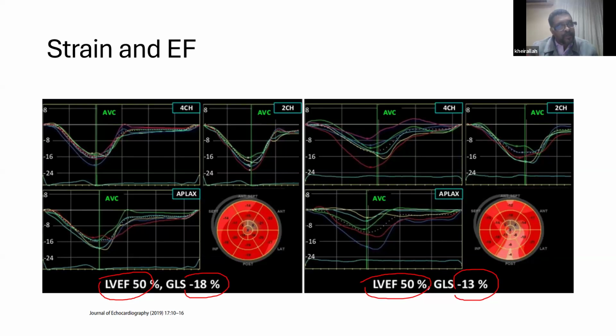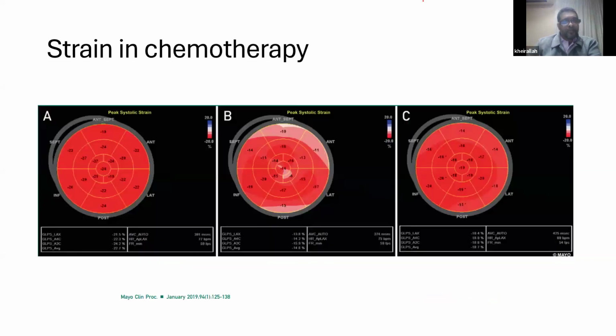So many times, you analyze the ejection fraction and it's normal, you do the strain and it is abnormal. So strain gives a better idea, a more accurate idea, an earlier idea about LV systolic dysfunction than ejection fraction.